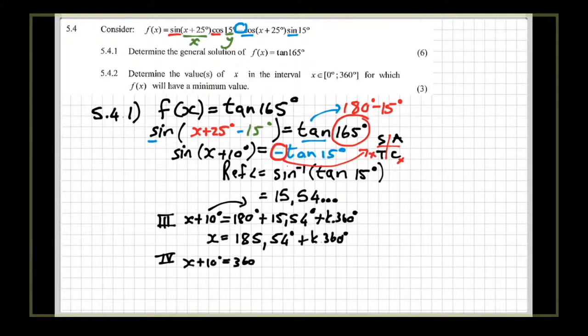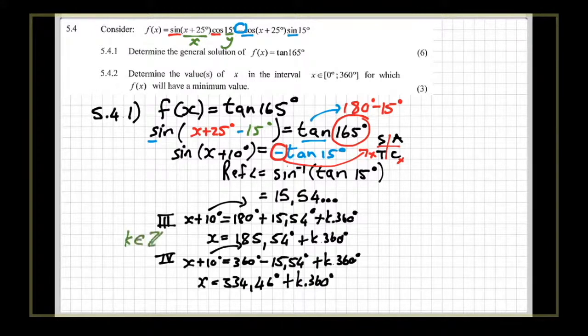My second set of solutions in the fourth quadrant. Okay, and then finishing it off by saying k is an element of Z. There we go. Now we are on the same page. My apologies for that technical glitch there.